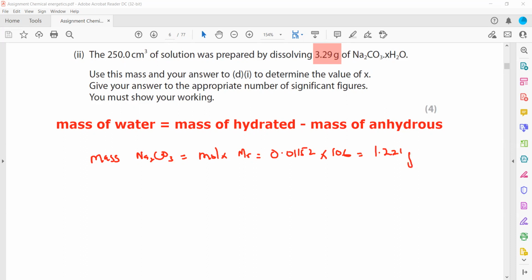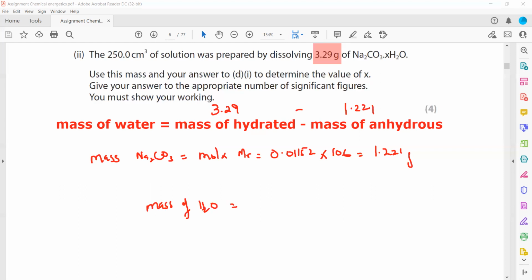To get the mass of the water, it is hydrated minus anhydrous. The mass of the hydrated one was given in the question as 3.29, minus the mass of anhydrous, the one which does not have any water, that is 1.221. When we subtract, we get the mass of H2O.